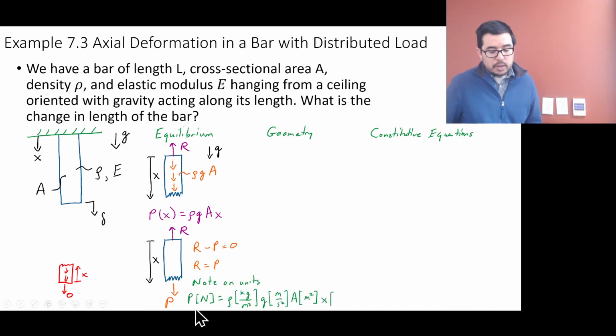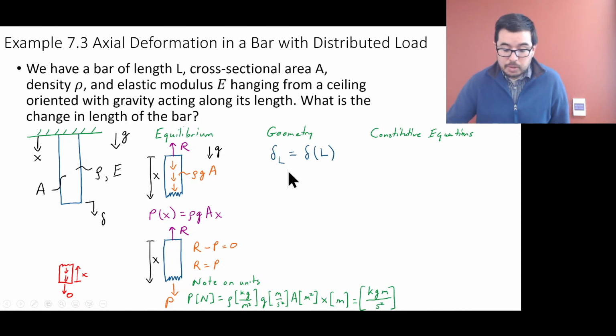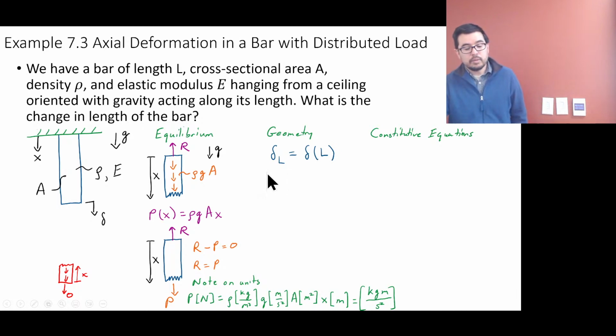If we look at the units for this internal P, they do in fact come out to be newtons: rho times g times area times length, times x, is going to be the newtons. So geometry, not much to write here.